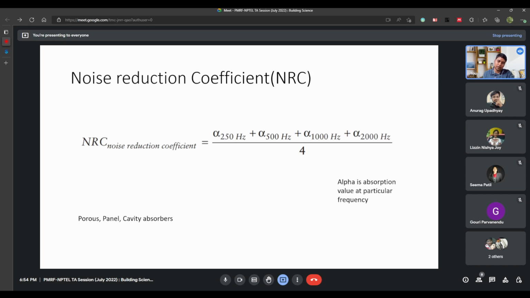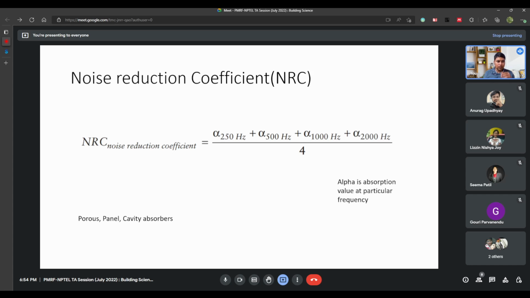Looking at the material concept, the material also has an absorption coefficient for each particular frequency. If you have a room where musical instruments are being played, they might have a particular band; say, in my example, a very low frequency band.